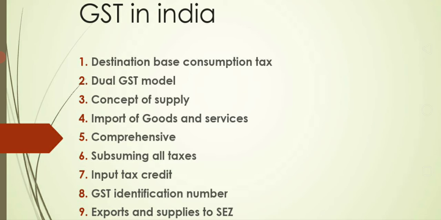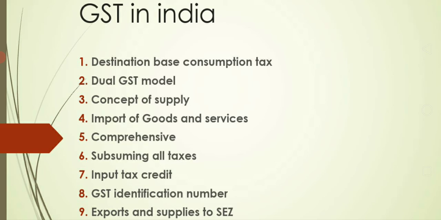Okay, next sixth one, subsuming all taxes. This we already discussed. GST subsumes all major indirect taxes levied by the central government, that is central excise, customs and service taxes, and the majority of taxes levied by the state government, that is VAT, luxury tax, entertainment tax, etc. And next one, input tax credit.